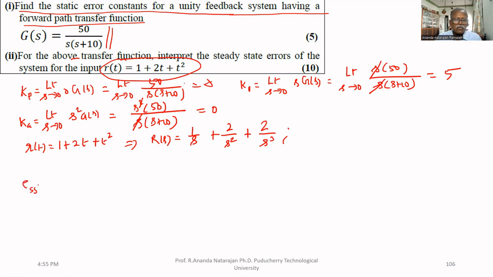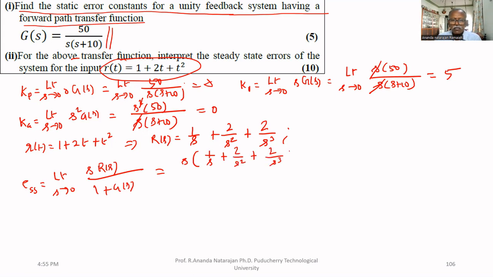steady state error ess is equal to limit s tends to 0, s R(s) upon 1 plus G(s). That is equal to s times (1 by s plus 2 by s square plus 2 by s cube) whole divided by 1 plus 50 upon s multiplied by (s plus 10).